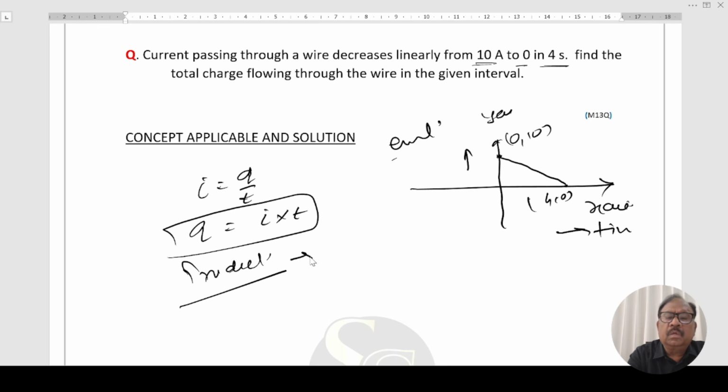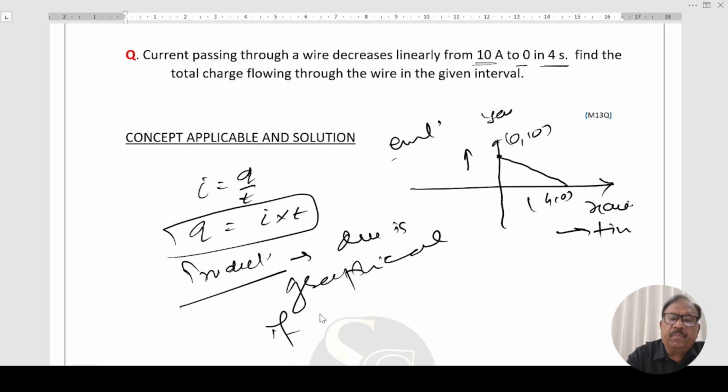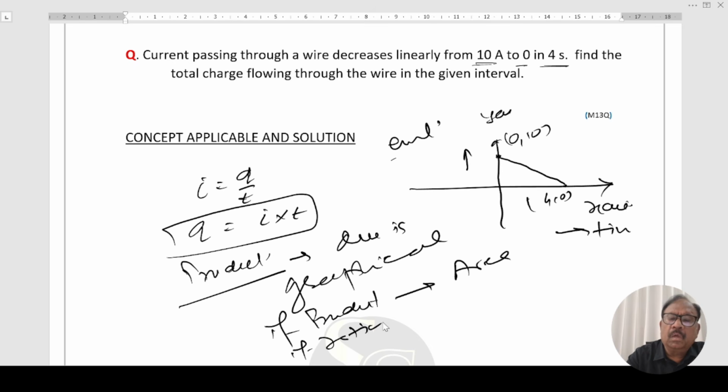Question is graphical. If product, think of area. If ratio, think of slope. In this case, we will take this one.